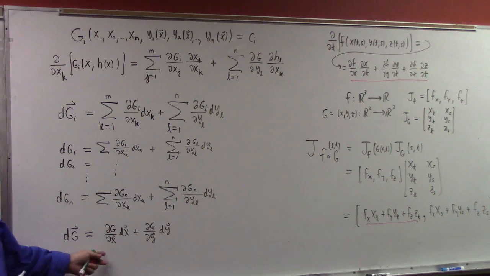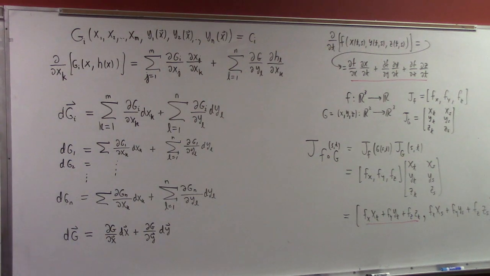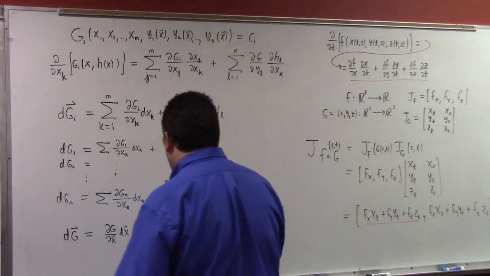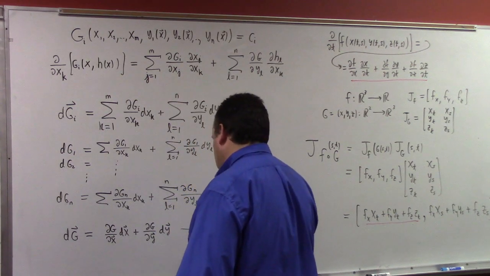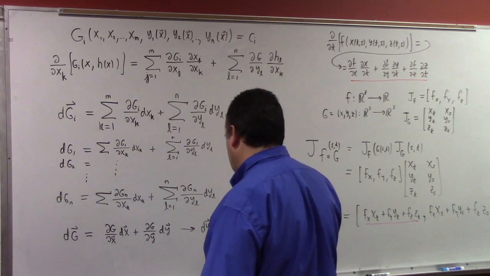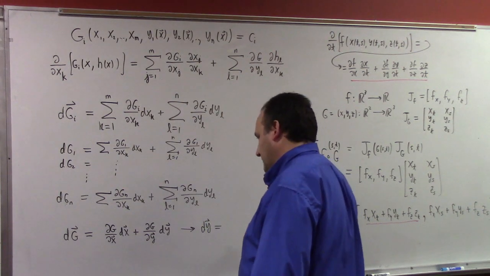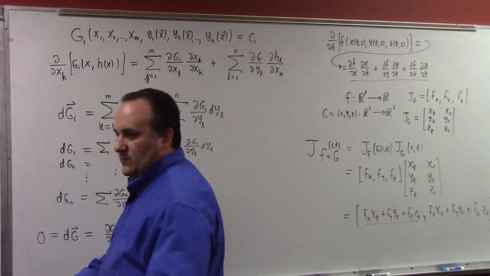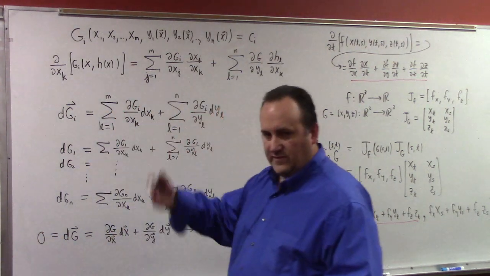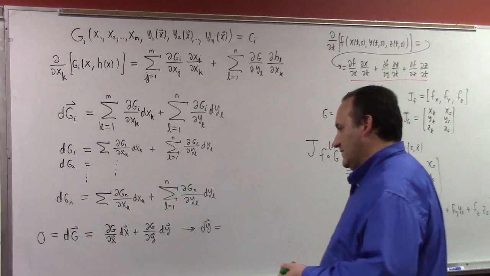And the dy is, again, a vector of dy1 through dyn. And these are those matrices we talked about before. And so, in view of this, of course, we can solve for dy. First of all, this would be equal to 0 in this context because we're looking at the solution set of a system of equations, right? So that's 0.